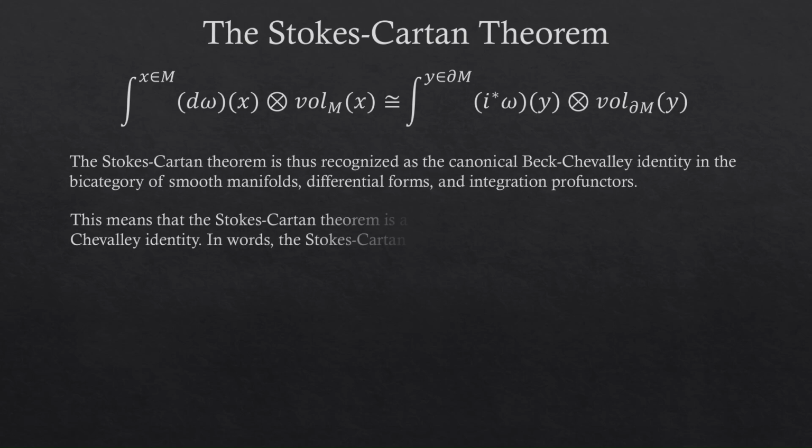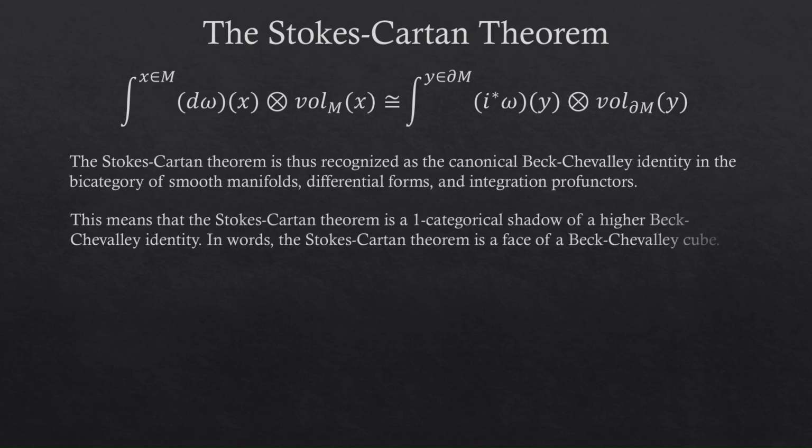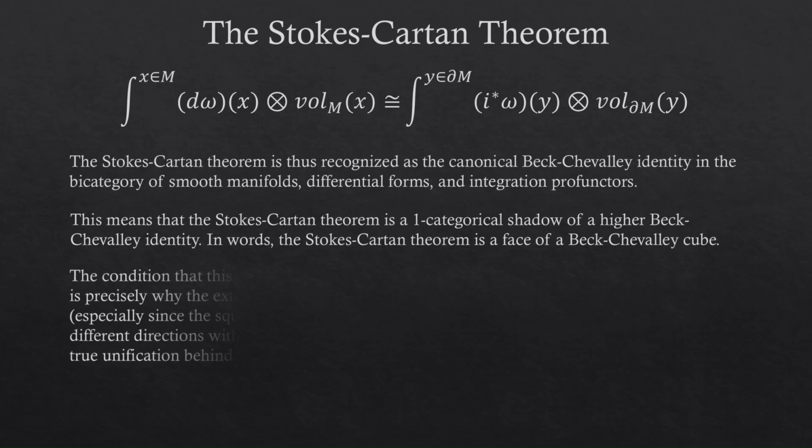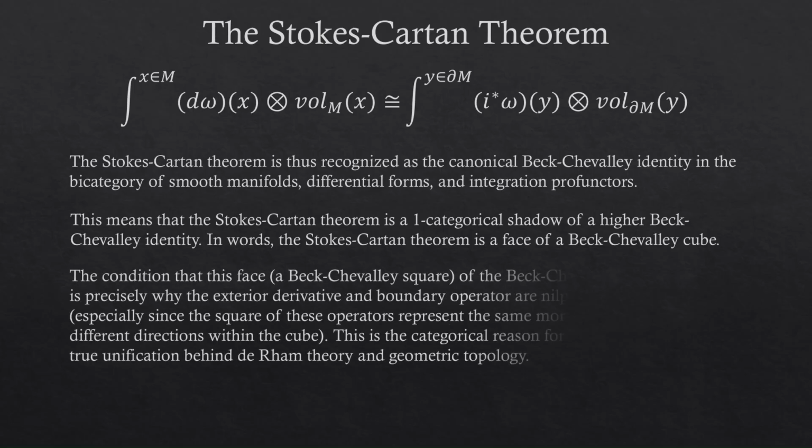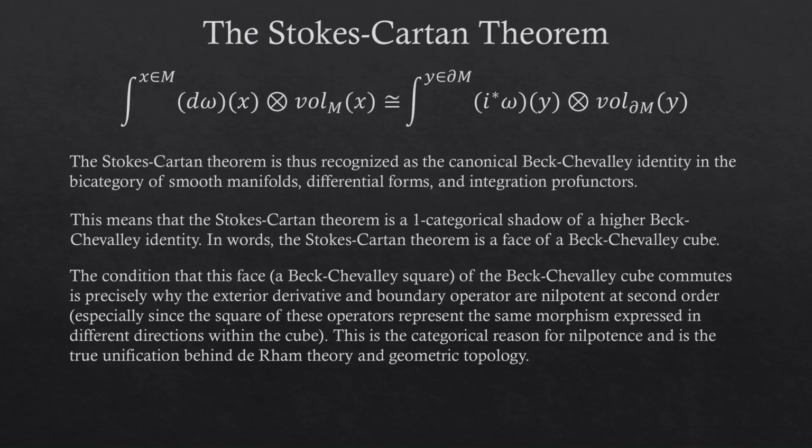This means that the Stokes-Cartan theorem is a one-categorical shadow of a higher Beck-Chevalley identity. In words, the Stokes-Cartan theorem is the face of a Beck-Chevalley cube. The condition that this face, which is a square of the Beck-Chevalley cube, commutes is precisely why the exterior derivative and boundary operator are nilpotent of second order. That's why we get d squared equals del squared equals 0.